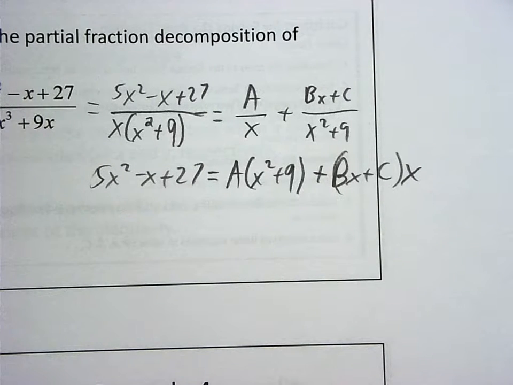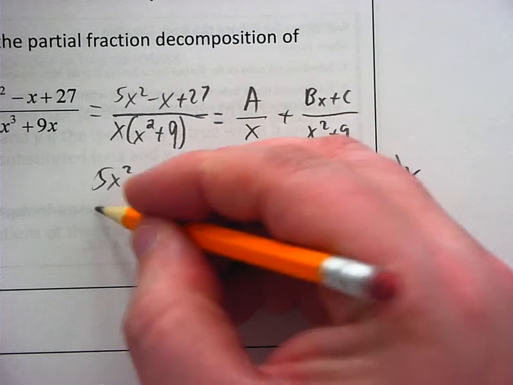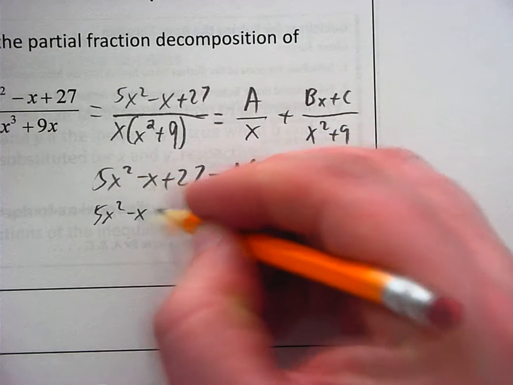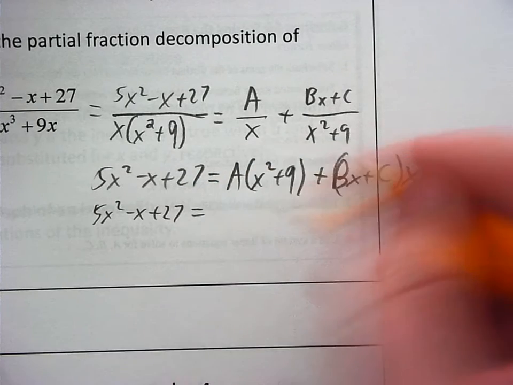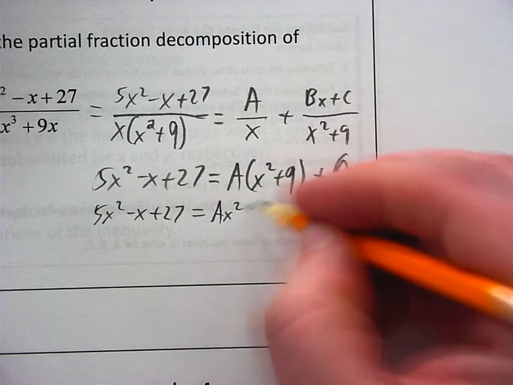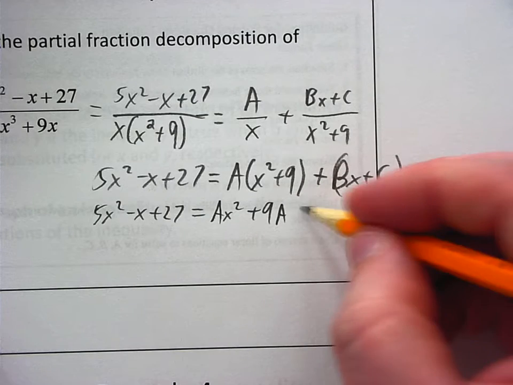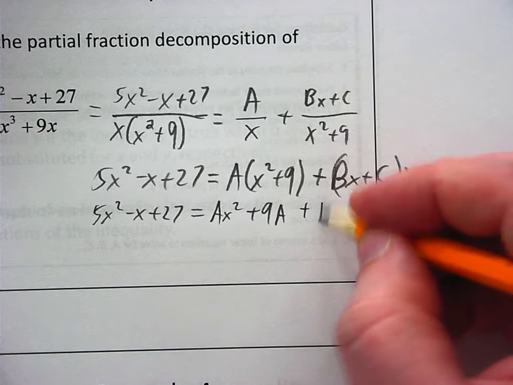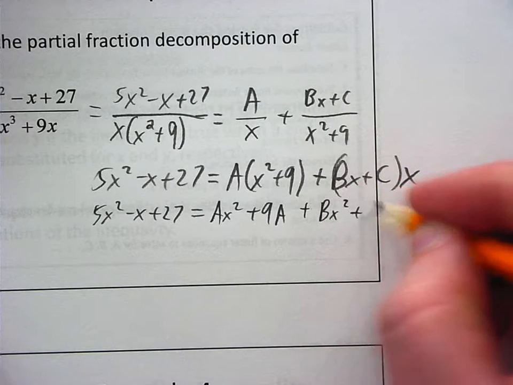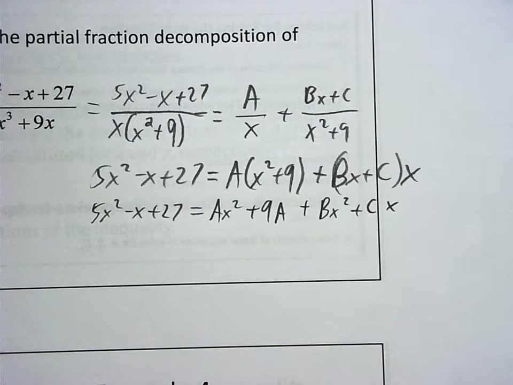Simplifying this out will actually look less simplified than it already is. So it's not the best word for it, but what I'm going to do is break down the pieces here. I'm going to distribute the a to give me ax squared plus 9a. I'm going to distribute the x here to give me plus bx squared plus cx. Now I'm going to rearrange these a little bit so they're in descending order.